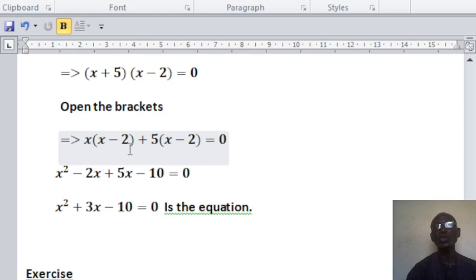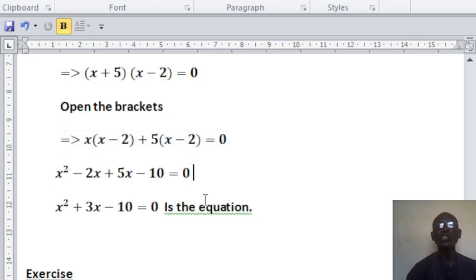Then you cross over to the other side: plus 5 times x, you have plus 5x. Then plus multiplied by minus, you have minus. Then 5 multiplied by 2, you have your 10 there, all equating to 0.